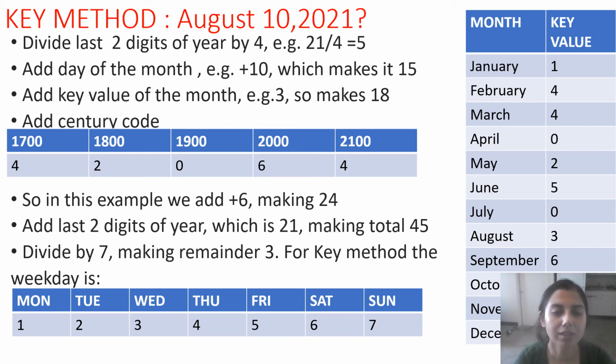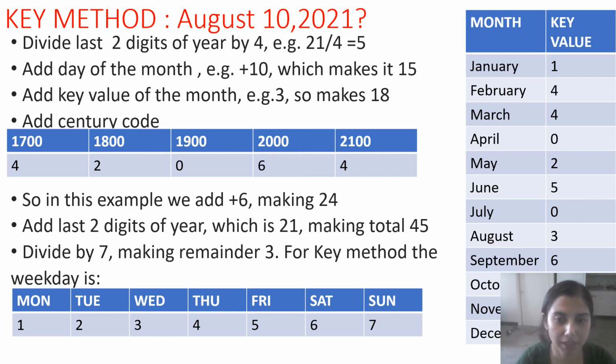In order to find what this remainder corresponds to in the weekday, we have to follow the weekday numbering in the key method, which is actually different from the weekday numbering in Zeller's method. If you remember, in Zeller's method, the calculation started with Sunday as 0.